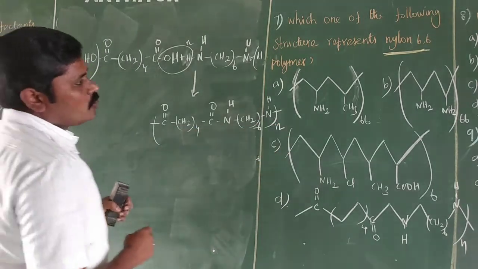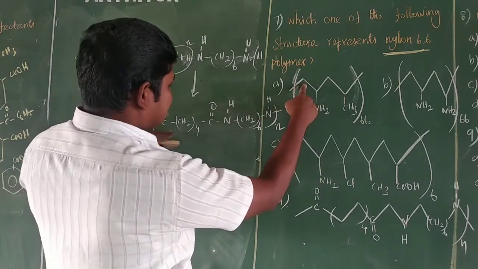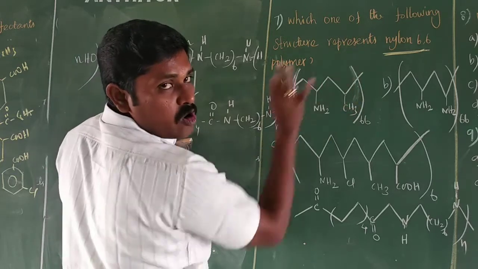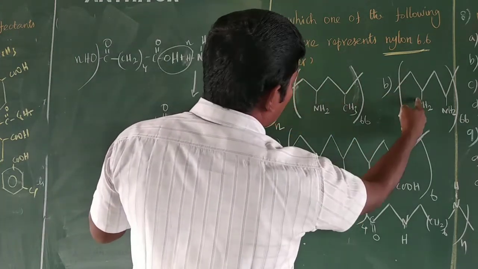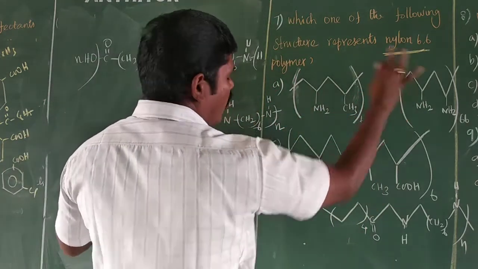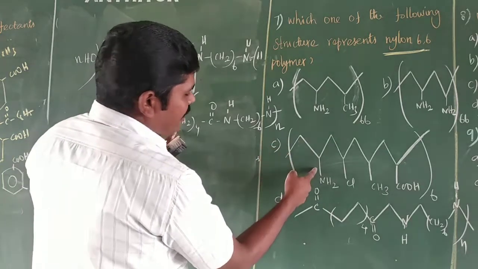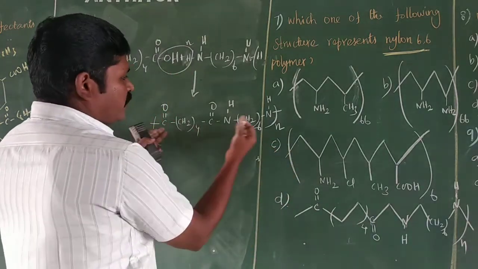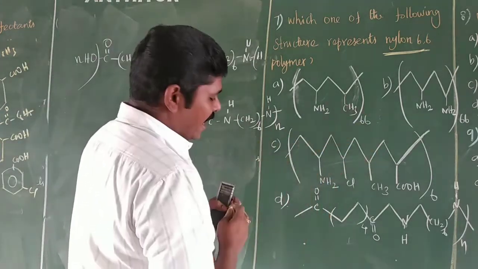Are you right? So option A, starting with CH2, is a wrong answer. Option B, CH2 NH2, is a wrong answer. Option C, CH2 NH2, also does not start this way, so C is also a wrong answer.